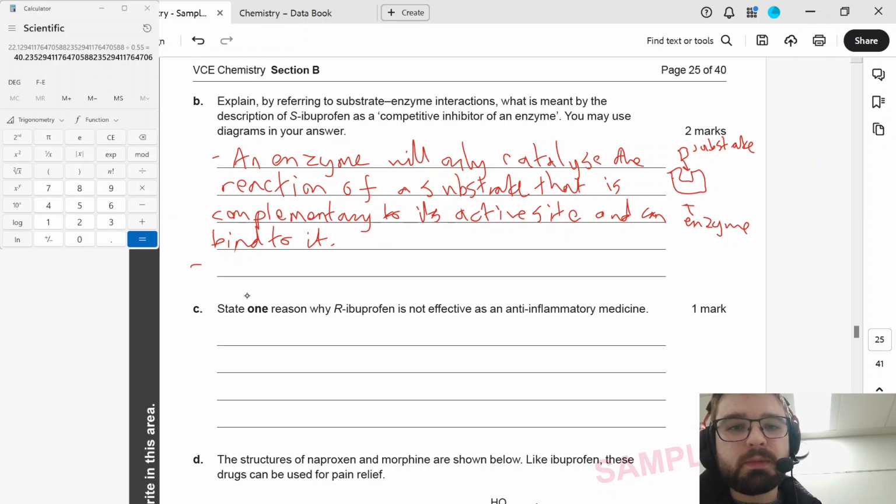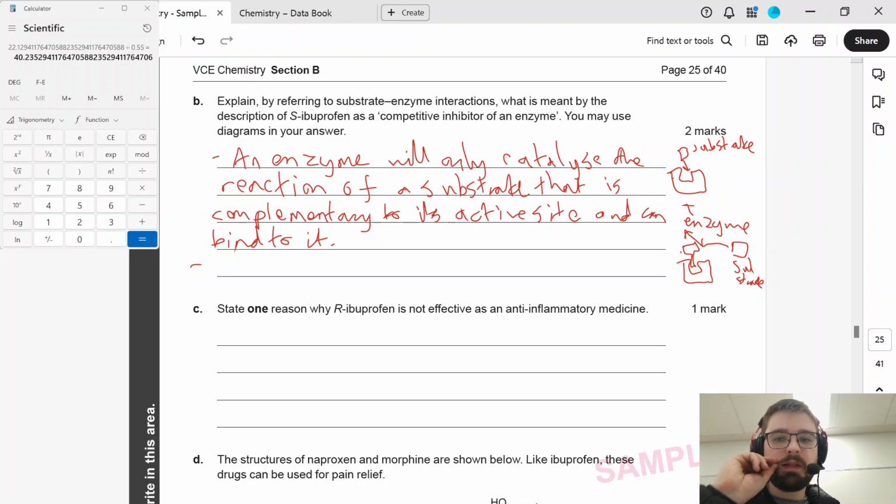I'd draw a nicer picture, something like the ibuprofen in there, and then the substrate bouncing off it or something like that. Except this is too small. Complementary to its active site and can bind to it.